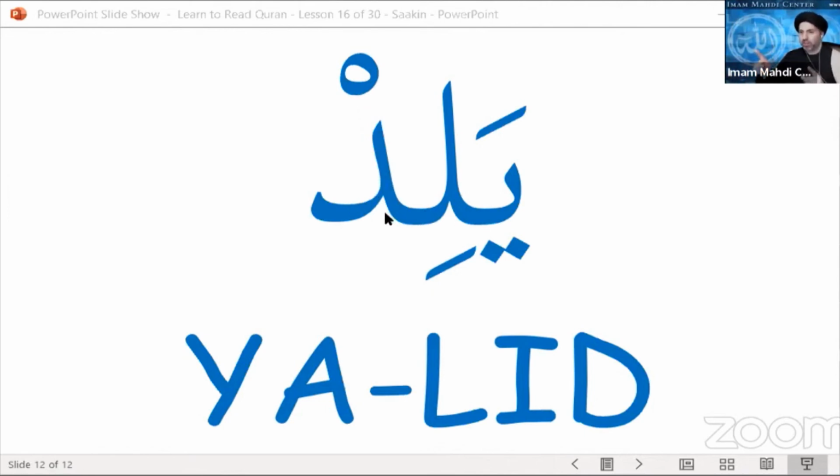So we have to connect the lam with the dal. We have to read them together. We have to say lid. The sound of the dal is d, so we say le d, but without a break. We say lid. So now we read the word. First syllable is ya. Second syllable is lid.